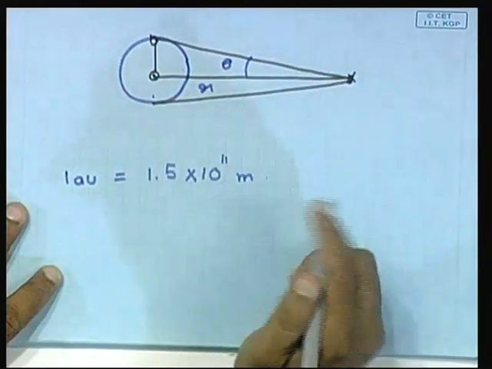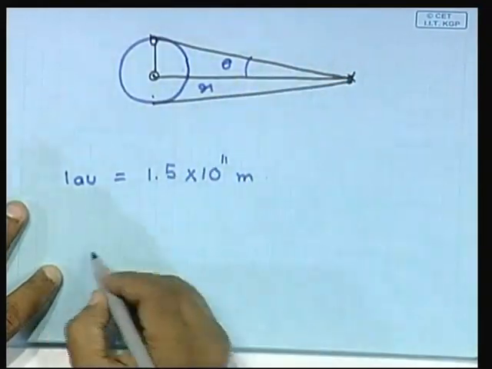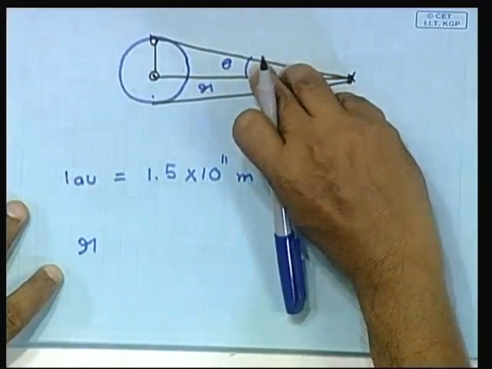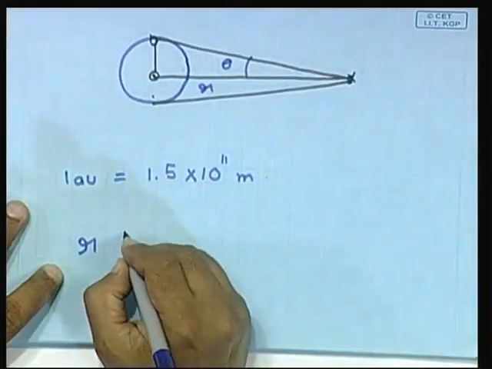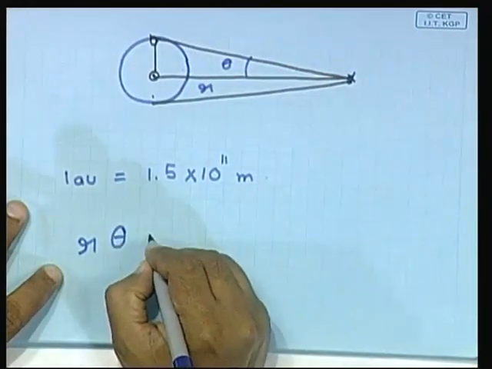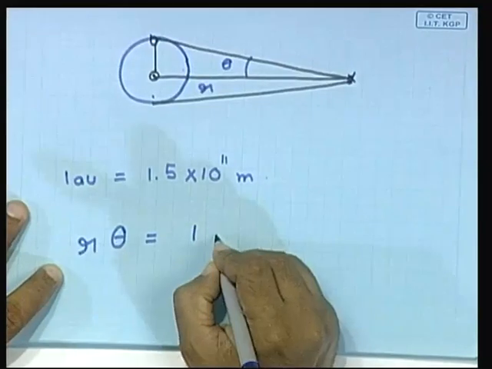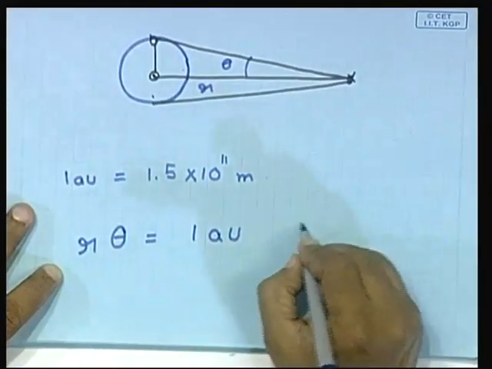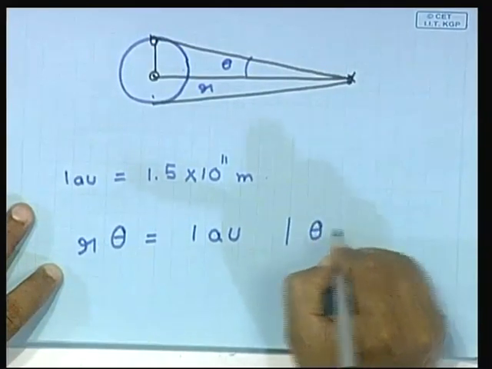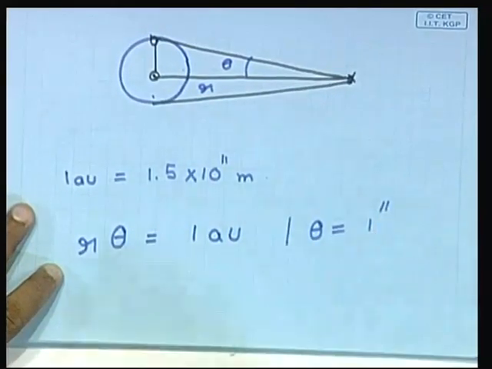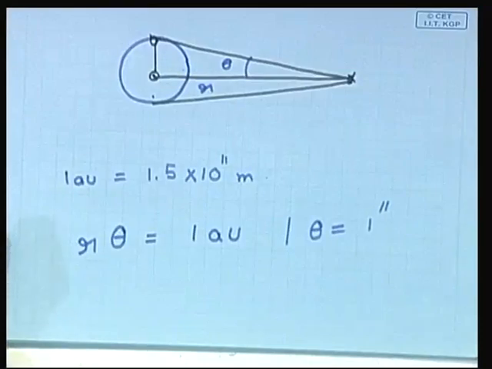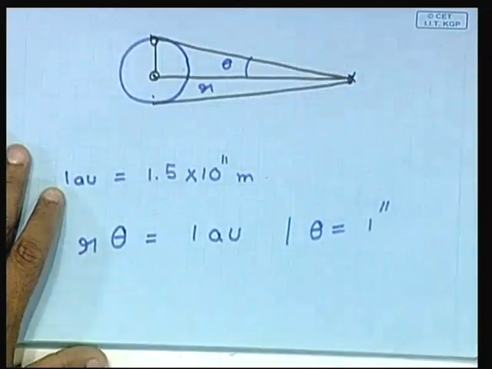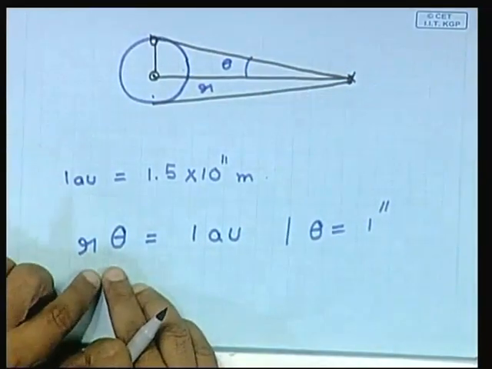So let me go through it again. The distance r at which this angle theta, with r times theta equal to 1 astronomical unit, and theta is 1 arc second: this distance is called a parsec.